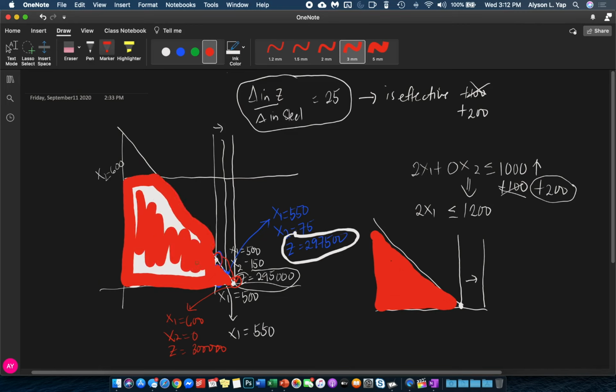Now if we increase the right hand side beyond 200, then what will happen is this line will shift to the right. However, even if this line shifts to the right, this feasible region will not change.